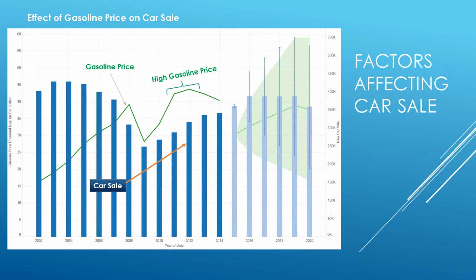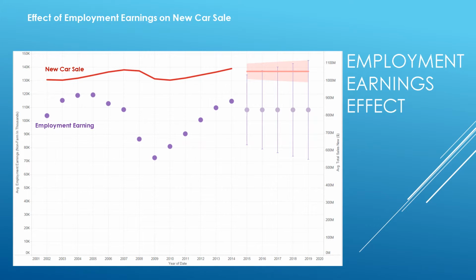Now the next thing I want to see is, if gasoline price is not deeply tied to car sales, what else could be a factor? I looked at employment earnings, also from the Bureau of Labor Statistics.